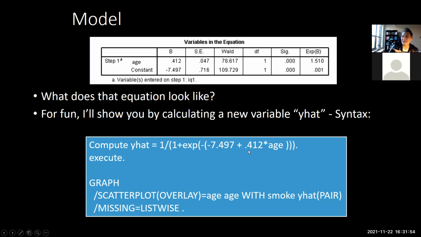I'm creating this thing called a y hat, and I'm going to create it for every different age in my data set because I'm creating it for every person. And then I'm going to graph it. I'm going to use this little syntax down here, which will plot age and then age with smoking, and I'll get this variable y hat in here as well. So you'll see what it looks like.